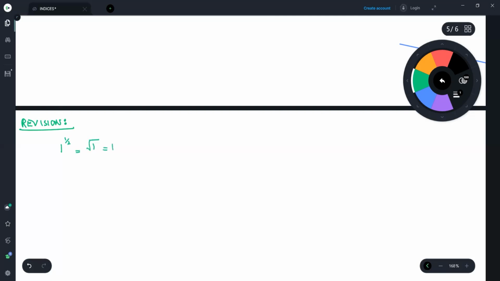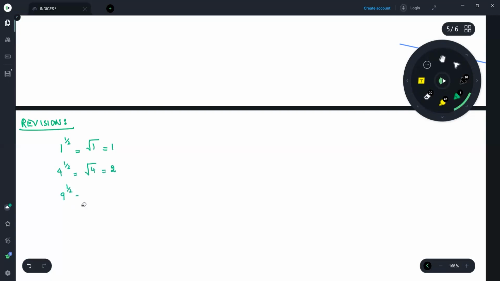All of you are going to actively participate, okay? And square root of 1 is 1. Now, can I say 4 to the power 1 over 2 is actually square root of 4, which is 2? And 9 to the power 1 over 2 is going to be square root of 9, which is 3.